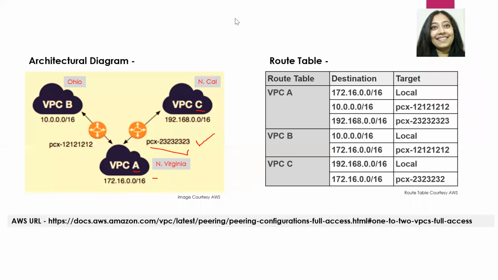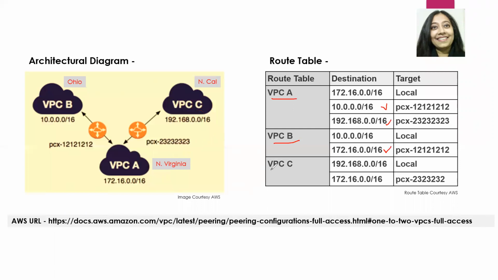And for that, we need to update our route table. As you see, our VPC-A's route table is right here. And we need to ensure that we have these two routes for both VPC-B and VPC-C. And similarly in VPC-B, we need to have one route going back to VPC-A, that is this route.